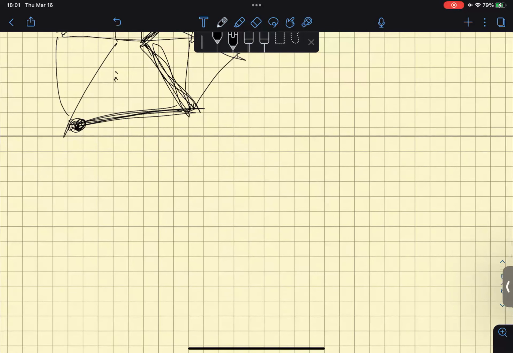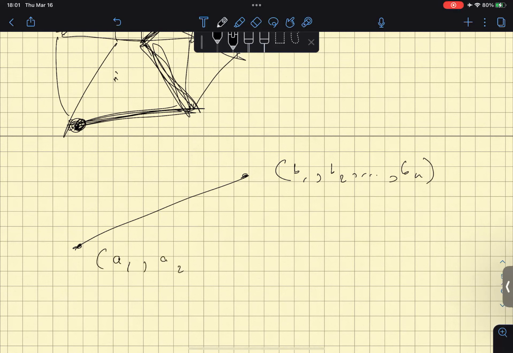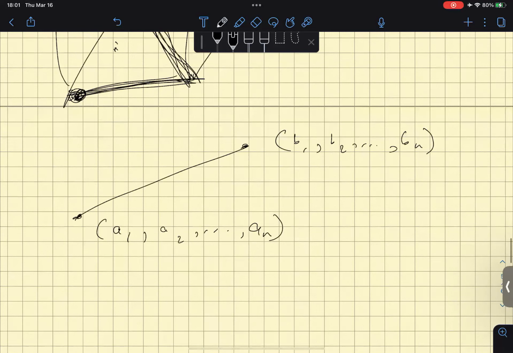Parameterization of a straight line segment is extremely easy. These are all straight line segments. Suppose you want to go from this point to this point in Rn. This is B1, B2 up to Bn. This is A1, A2 up to An. What is a parameterization?